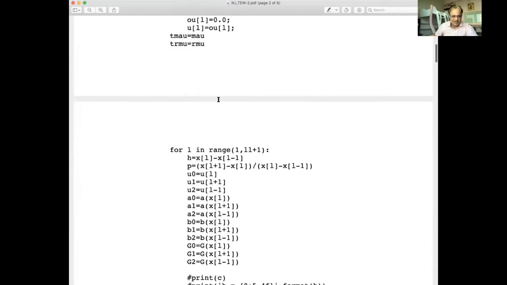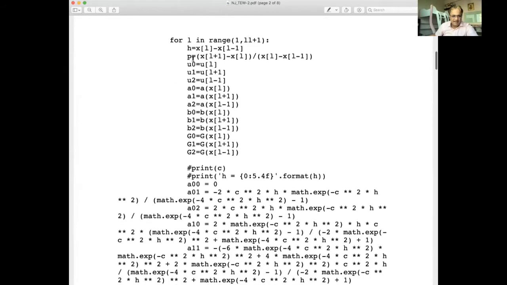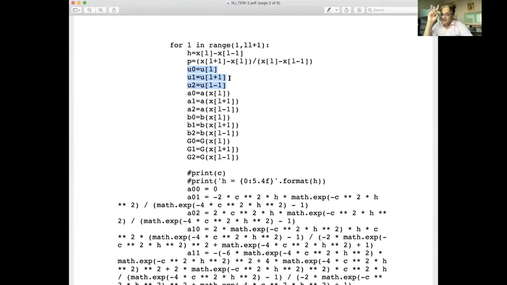I will write by manual writing: U0 stands for U at xL. Similarly, U1 stands for U at x1, which is actually U at xL plus 1. Similarly, U2 is U at x2, which is actually xL minus 1.